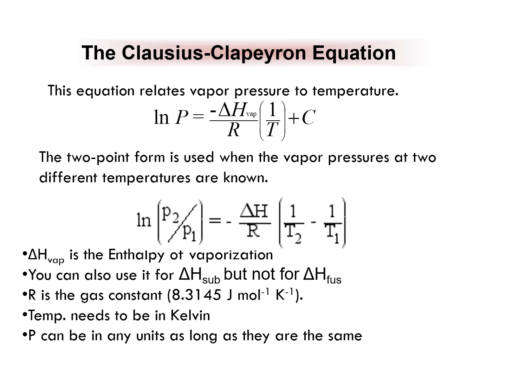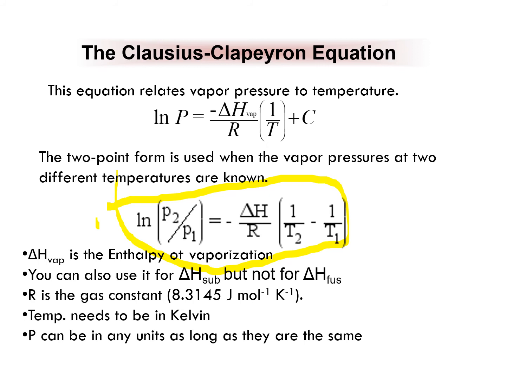Then you subtract the second equation from the first one, and you get the equation that you can see here. The advantage of this equation is that you can measure, for example, the vapor pressure at two different temperatures and plug those numbers into the equation to calculate the delta H.